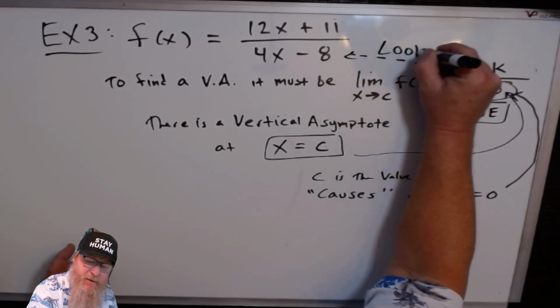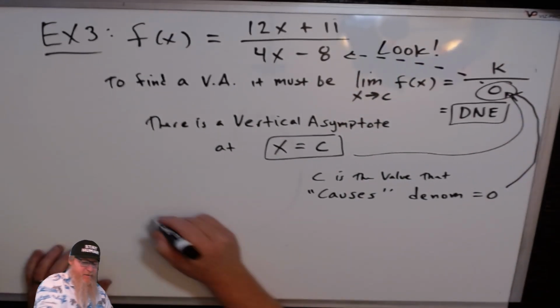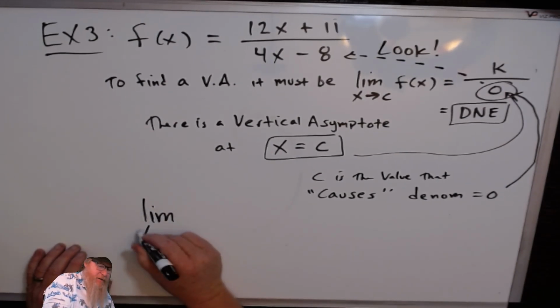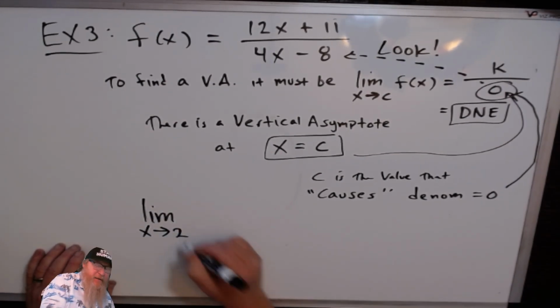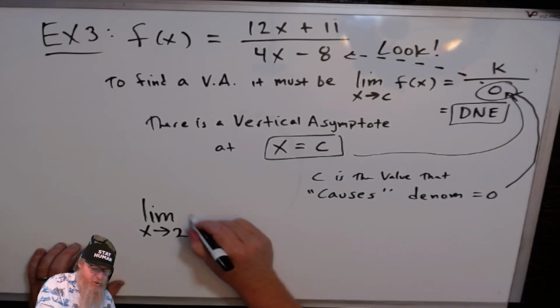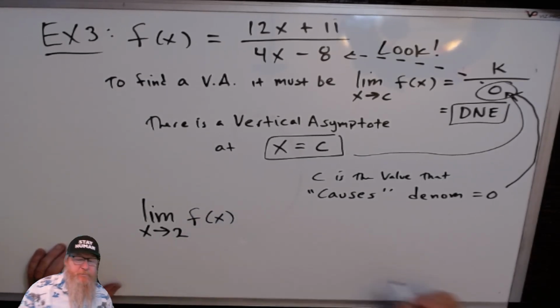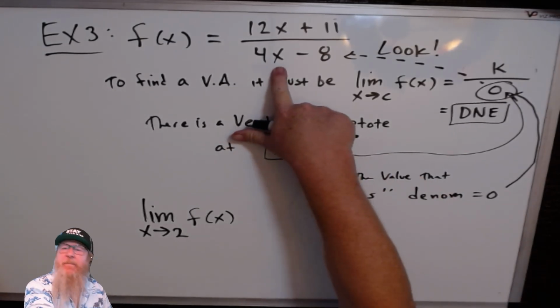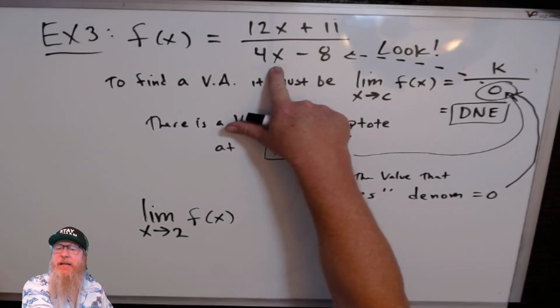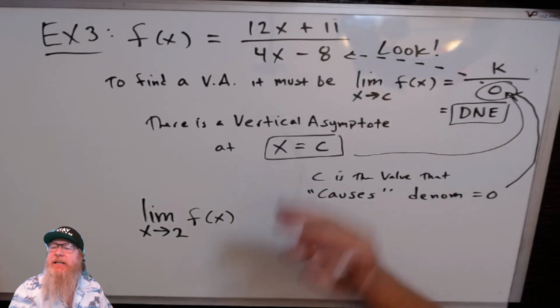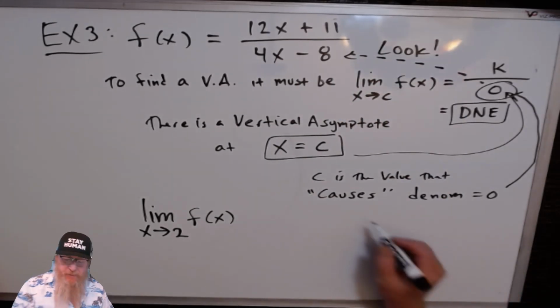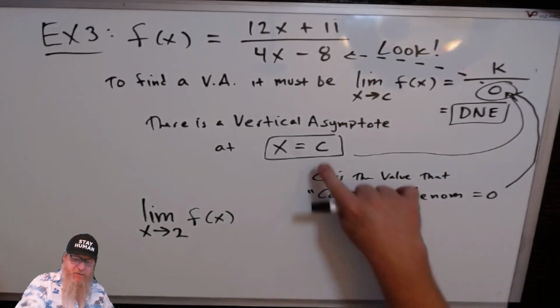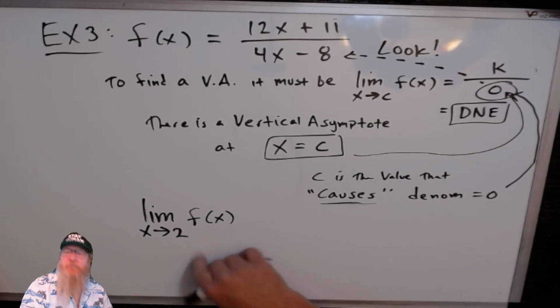You could probably guess where we're going to take the limit. We're going to take the limit as x approaches 2, because 4 times 2 is 8, and 8 minus 8 is 0. So our c is going to be 2.